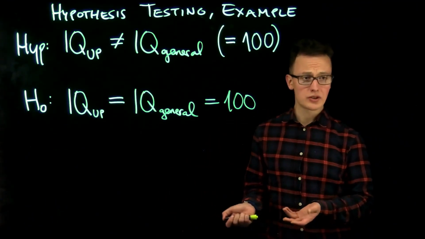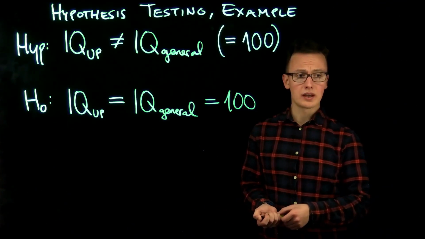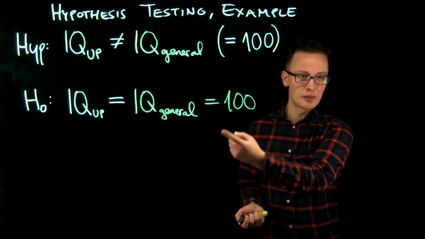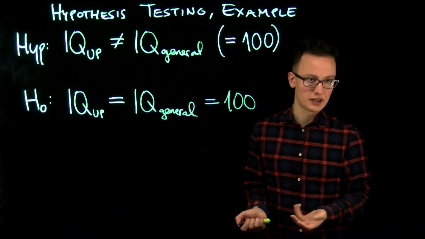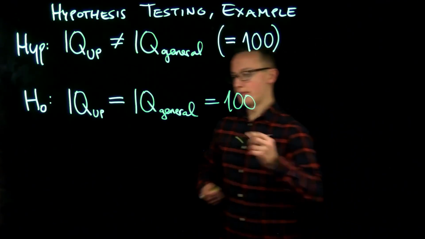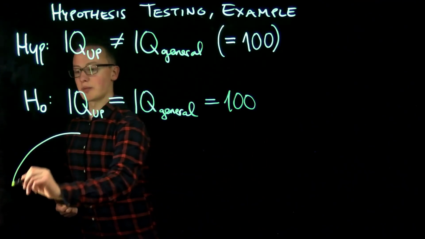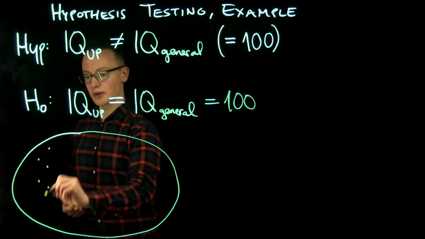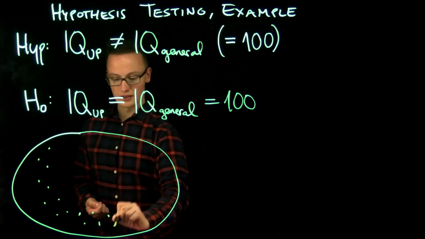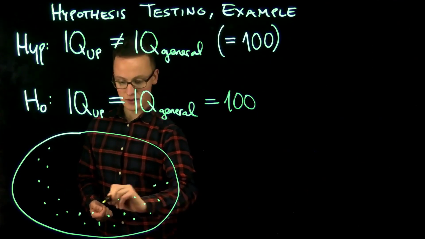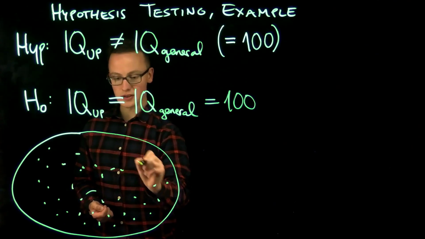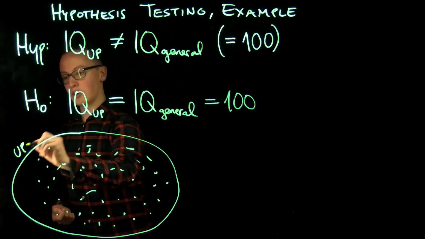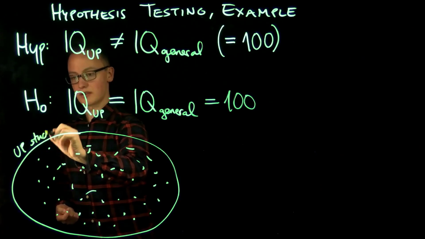So how can we actually find out? How can we test if we can reject our null hypothesis or if we can't reject it? Well, let's think of the population of all the students at Uni Potsdam. So obviously I can't really draw 1,000 dots or however many students there are at this university, but let's assume that this is the entire population of Uni Potsdam students.